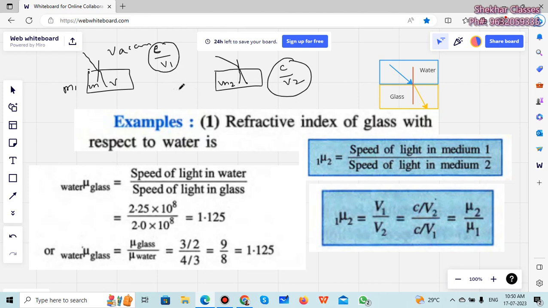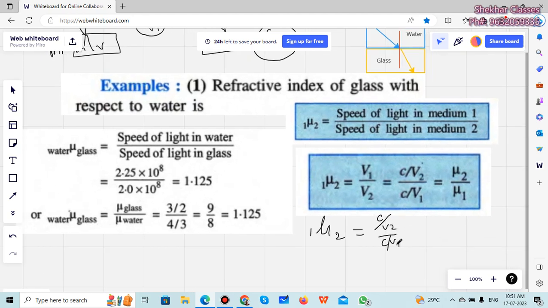Absolute means it is the refractive index from vacuum to that particular medium. Is that clear? So the refractive index from 1 to 2 will be equal to C by V2 upon C by V1.